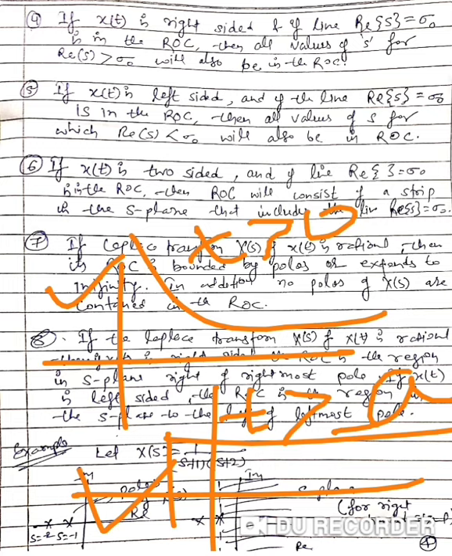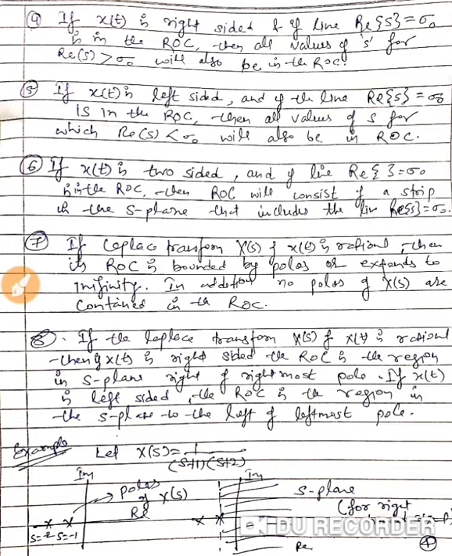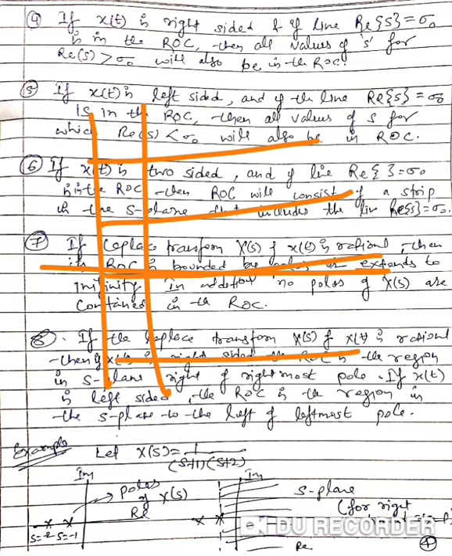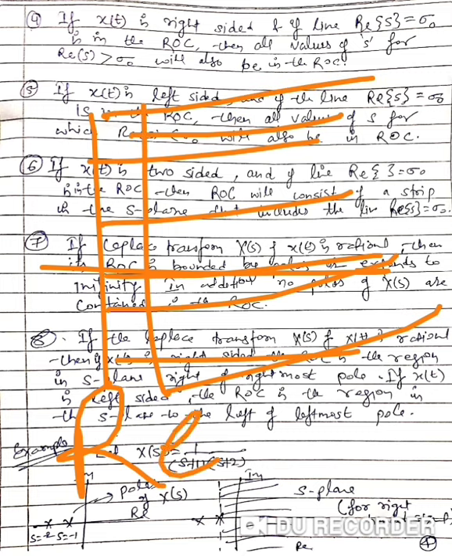So their ROCs will be something like this, that is for real part of s greater than some value minus a, where a is a positive number.